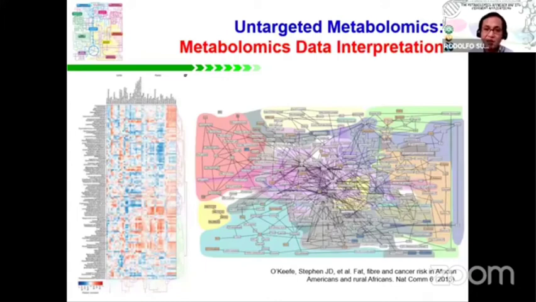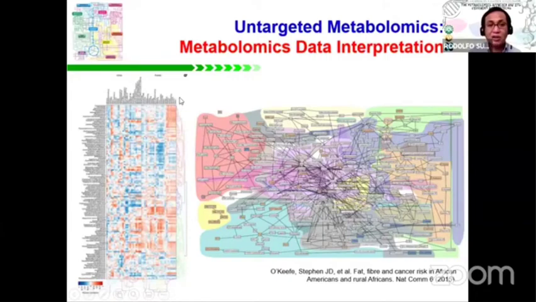Okay, so this is an example of metabolomics data interpretation. It made use of a commercial software. This is not generated by Metaboanalyst, but this is highly intuitive because it projects your data on a network or systems context, their connections, and also the pathways they are involved in.